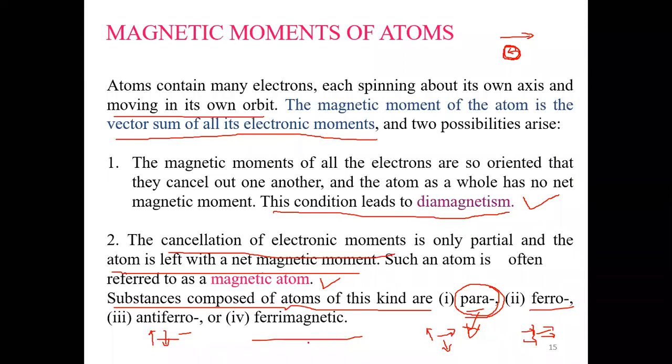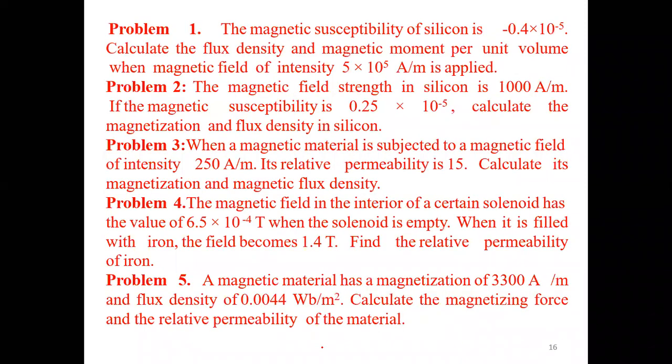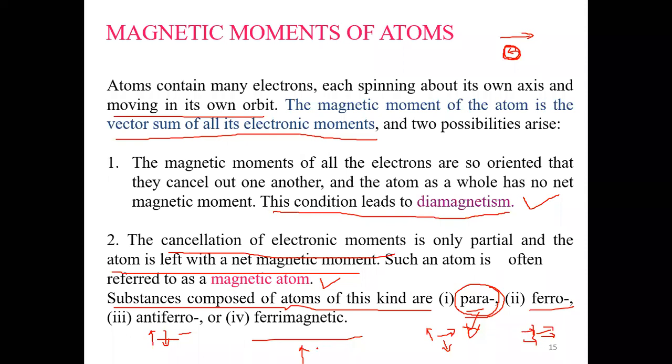However, in case of ferrimagnetic materials, you have two types of sublattice. Their spins are antiparallel, but the sublattices are unequal. So as a result, you get some magnetic moment.